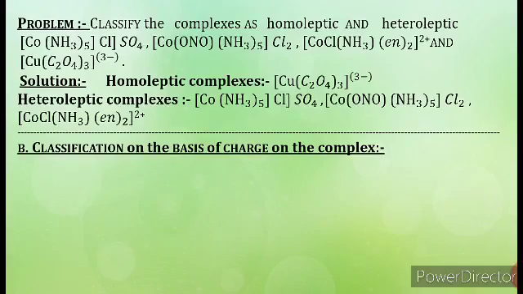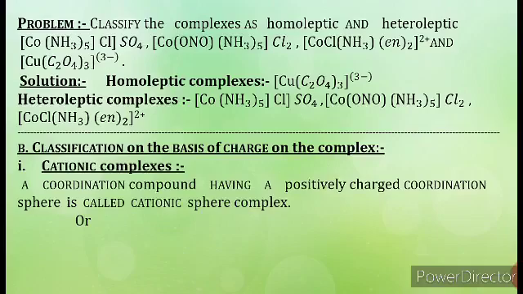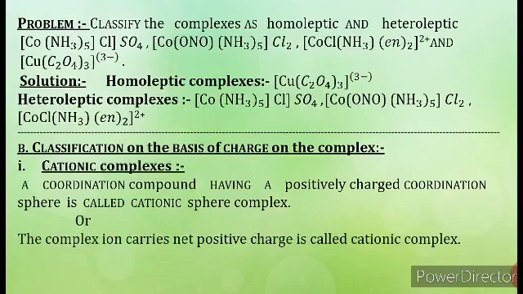So on the basis of charge, complexes are classified into three categories. First, cationic complexes. If a coordination compound has a positively charged coordination sphere, it is called a cationic complex, or you can say the complex ion carrying a net positive charge is called a cationic complex.